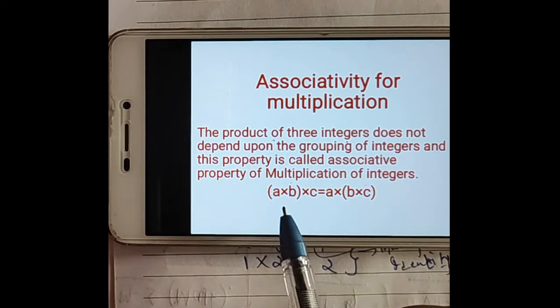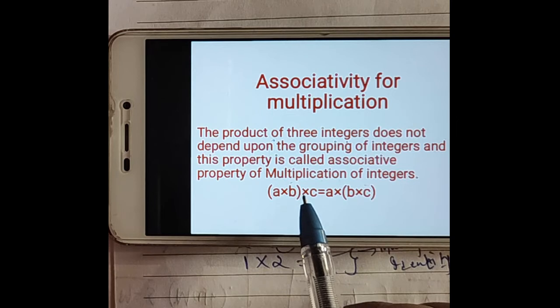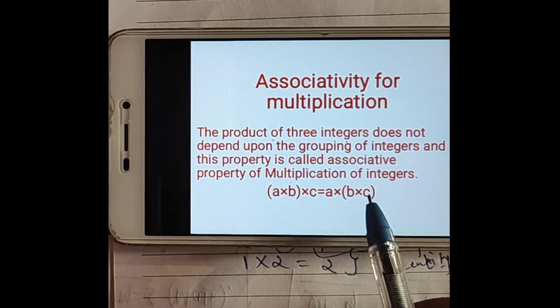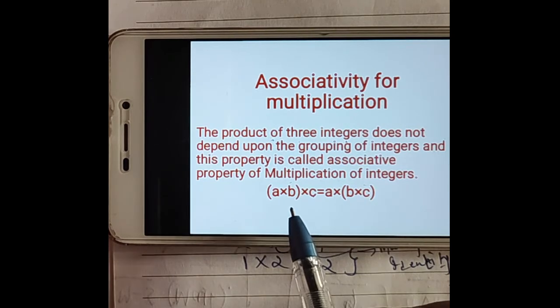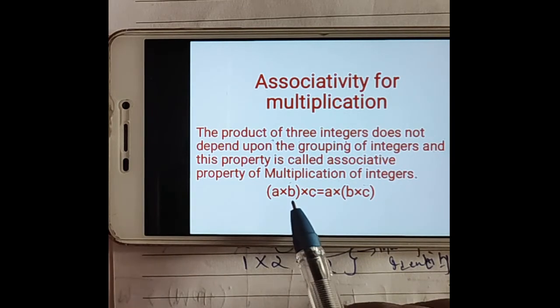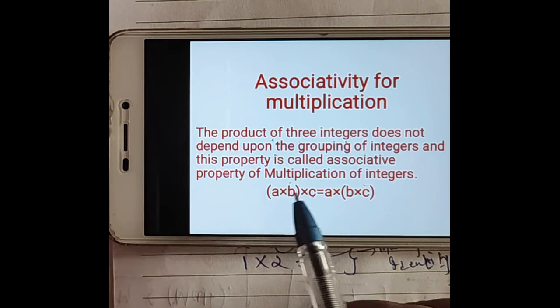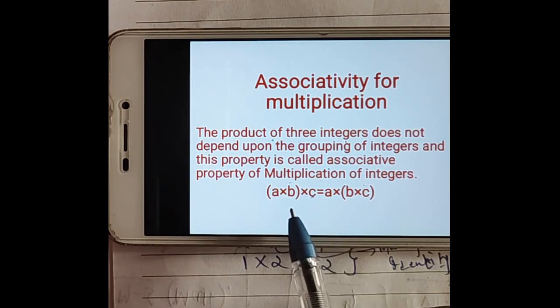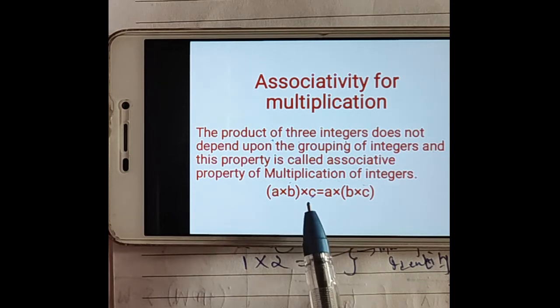That means, suppose, (a into b) into c is equal to a into (b into c). The result will be the same.